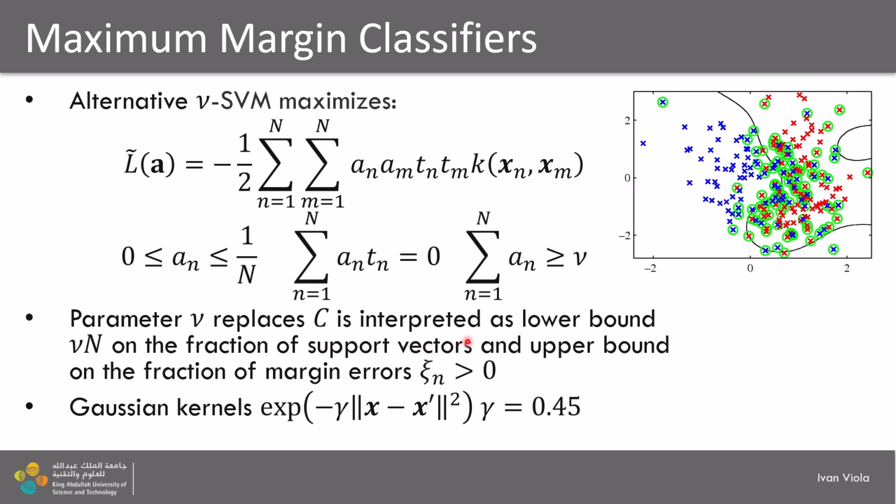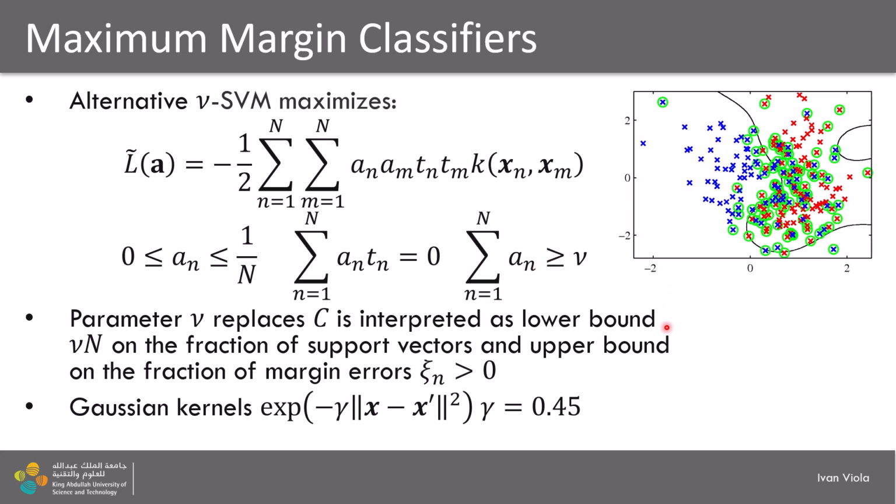So if we have a certain value of nu, and the a_n have the maximal value, meaning 1 divided by N, then to satisfy this condition, N times 1 divided by N times nu must be smaller than or equal to the sum.